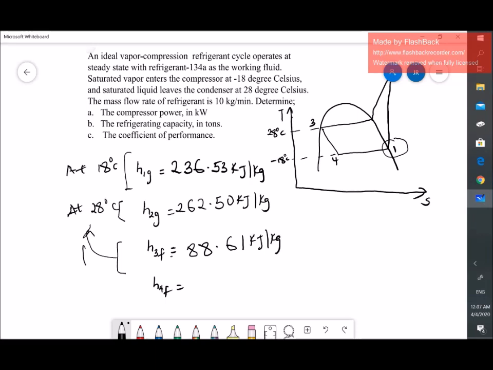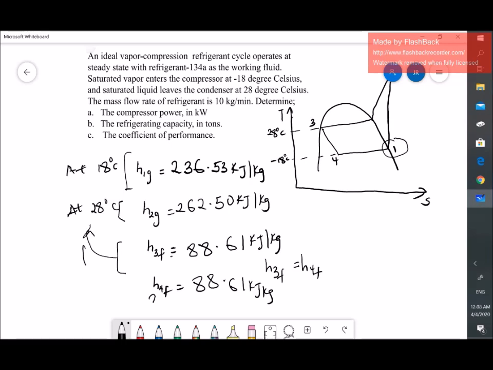Now, if you remember, in my first video, I was saying that the enthalpy at point 3 and at point 4 are the same, because in this phase there's no heat loss and there's no work done. So H3 fluid is equal to H4 fluid. So H4 becomes 88.61 kilojoules per kilogram.